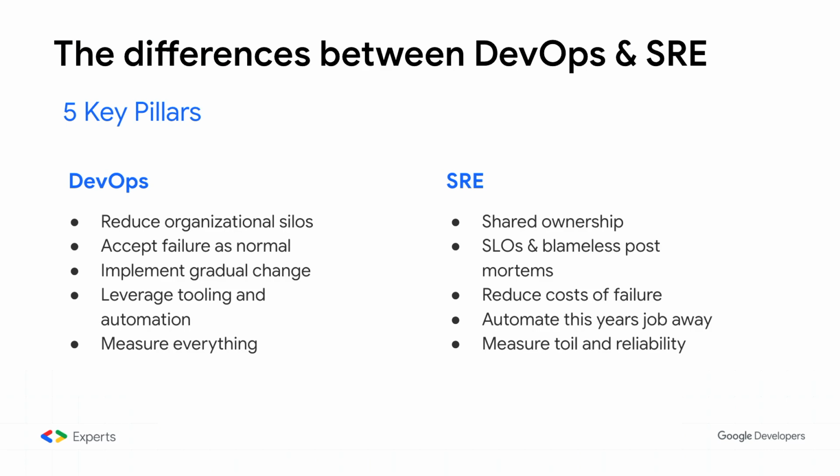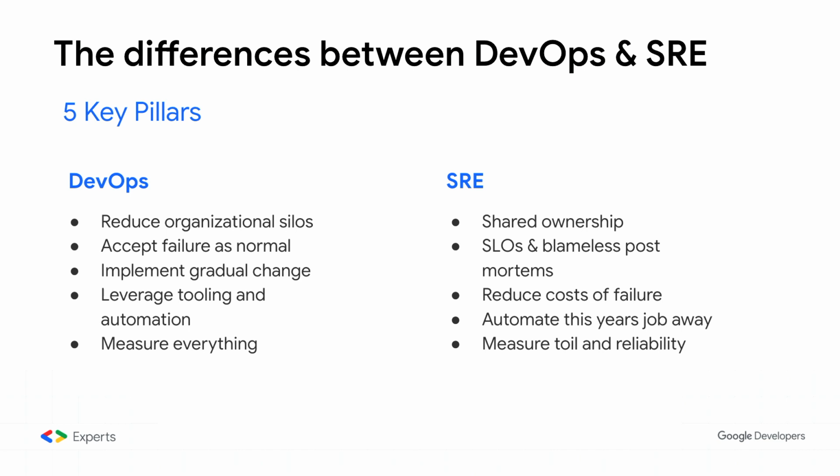One of the other key pillars of DevOps is accepting failure as normal. Systems break, we're humans, we're developers, we push changes into Git, things will break. We want to implement gradual change. So think of a large application.